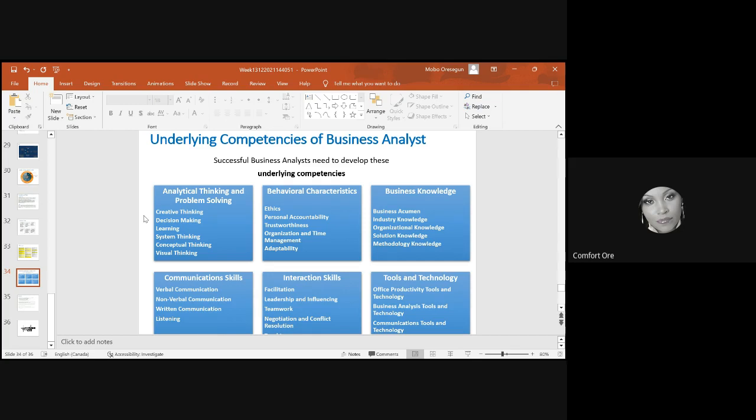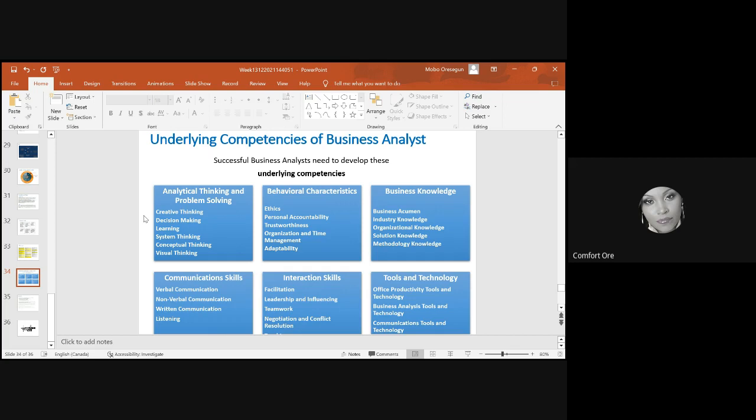In other words, a solution is provided, and almost immediately you can kind of see how the system can provide the solution, right? But this is more technical, conceptual thinking, visual thinking. That's part of the analytical thinking and problem solving.